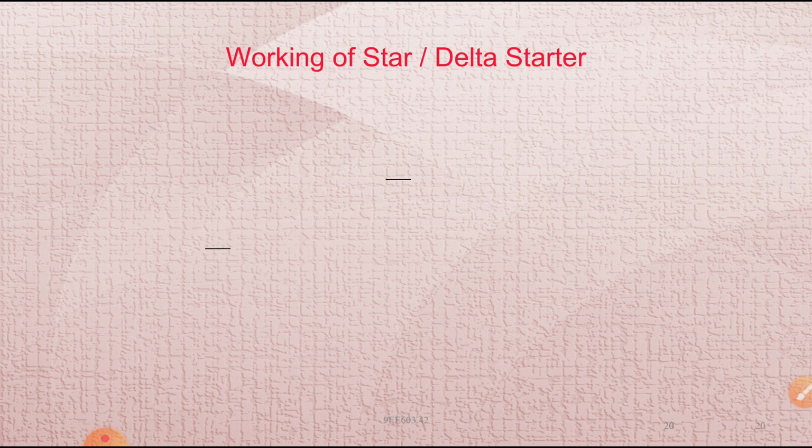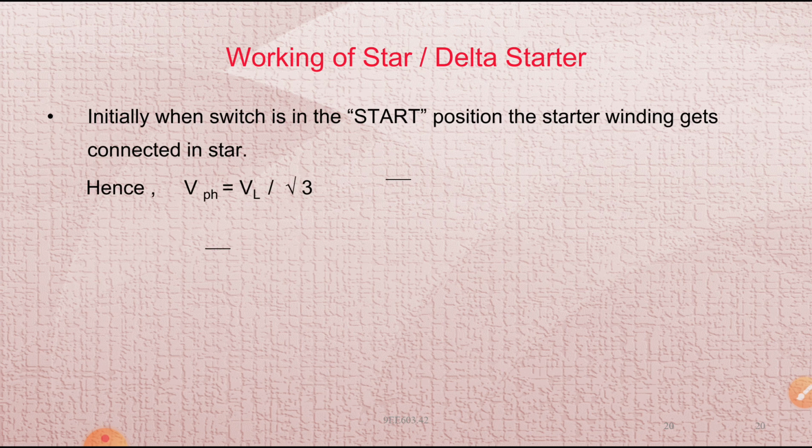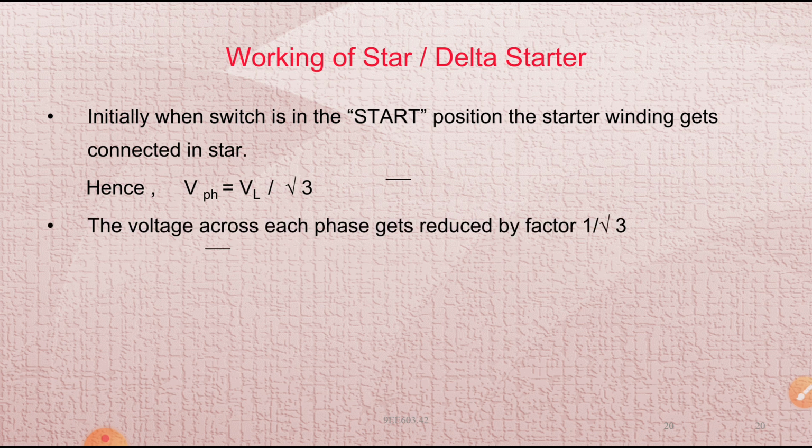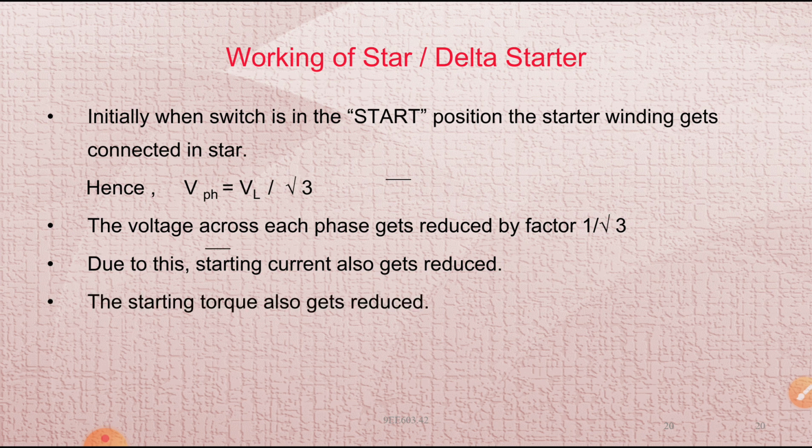So, what is the working of the star delta starter? Initially, when the switch is in the start position, the stator winding gets connected in star. Hence, V phase is equal to VL by root 3. The voltage across each phase is reduced by a factor of 1 by root 3. Due to this, the starting current also gets reduced, and the starting torque also gets reduced.